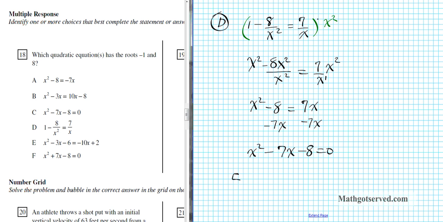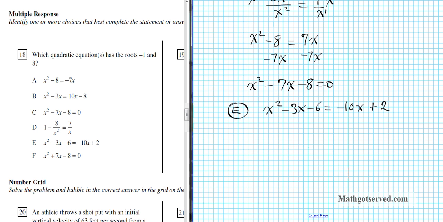All right, let's take a look at E. We have x squared minus 3x minus 6 equals negative 10x plus 2. To put this in standard form, you just simply add 10x to both sides and subtract 2 from both sides.